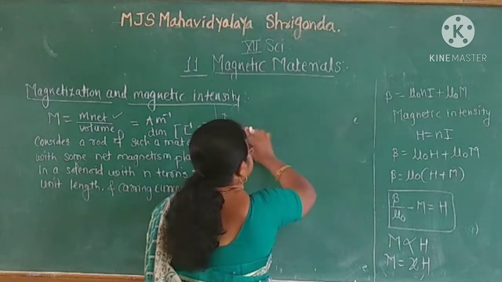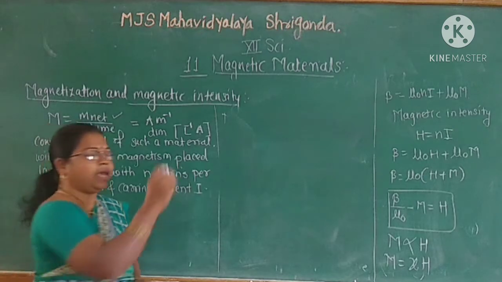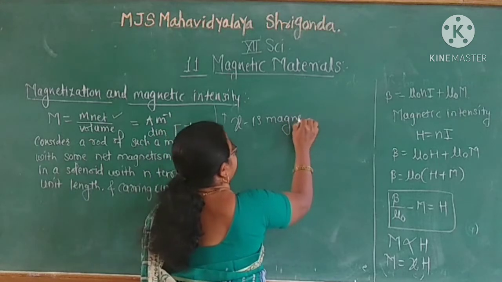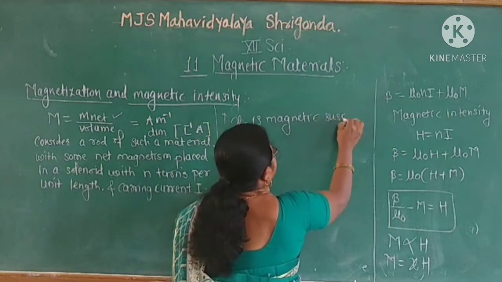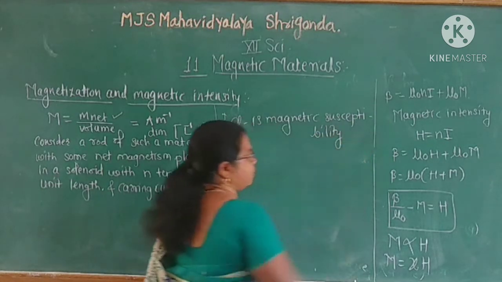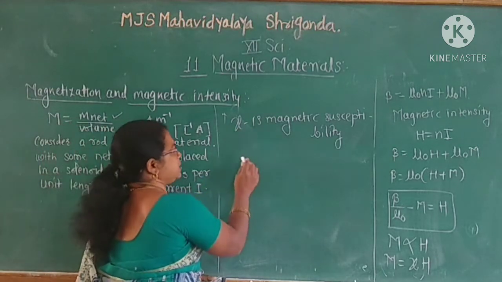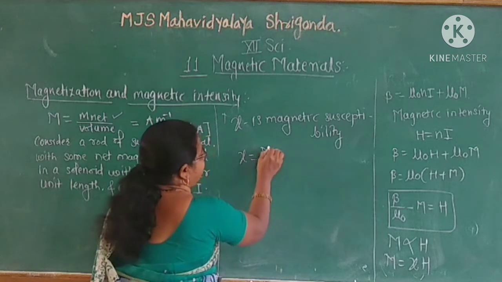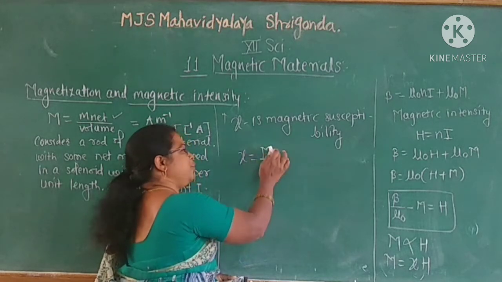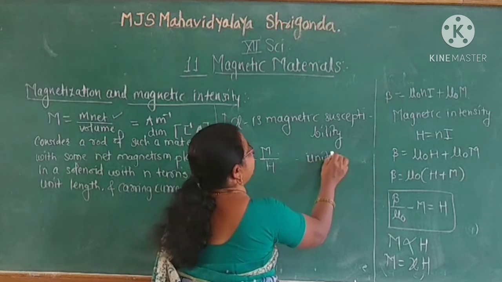So Xi is equal to M by H, and this is a unitless quantity, since the units of M and H are the same.